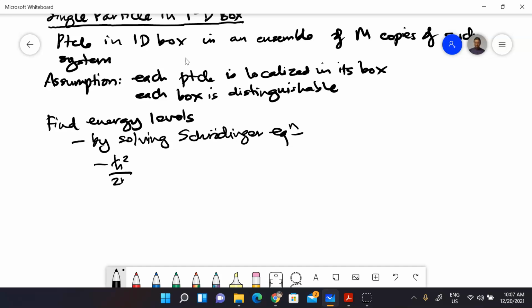So generally we have this differential equation that you need to solve. Essentially the first term is the kinetic energy, the second term is the potential energy. So the whole thing represents the total energy, and the eigenvalue that we need to solve for is on the right-hand side here.